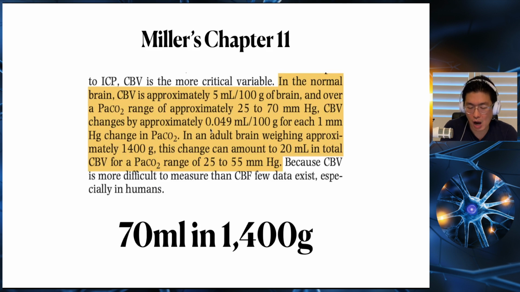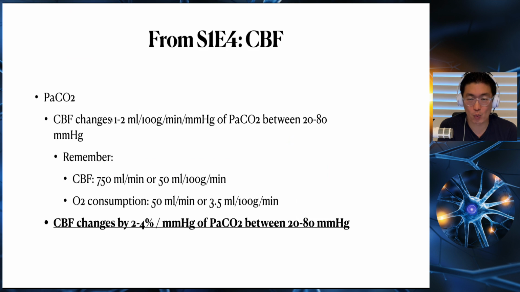Now, I've just done this so that you understand the relationship between cerebral blood flow and cerebral blood volume. So remember, with cerebral blood flow, 1 to 2 mils per 100 grams for every millimeter of mercury of CO2 change, and that represents 2 to 4%.